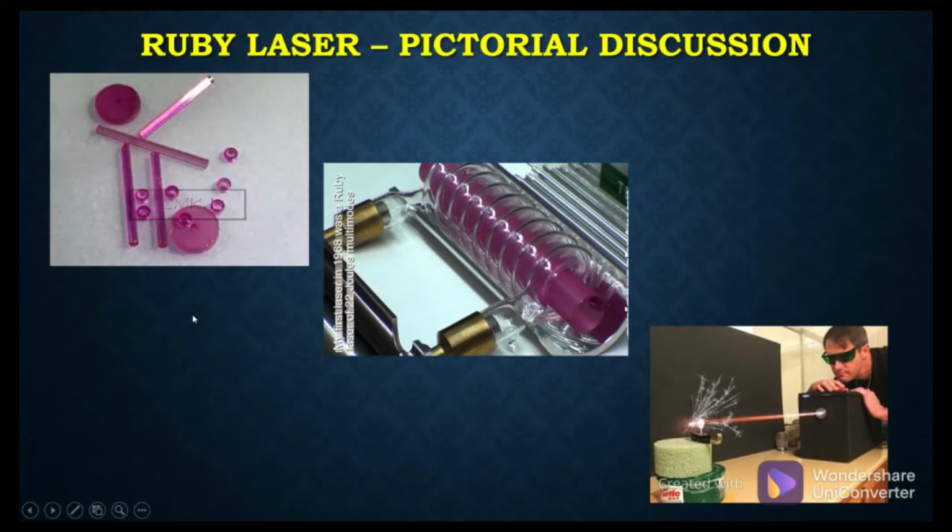So here in this slide, you can see three pictures about ruby laser. The first picture shows you some of the ruby laser crystals that are grown by several researchers worldwide.